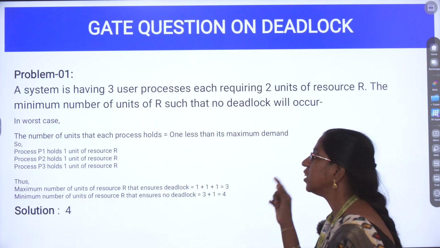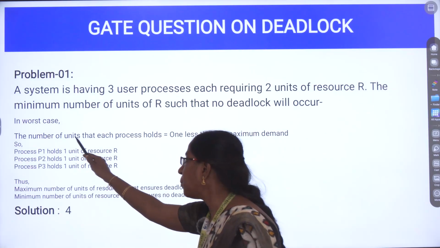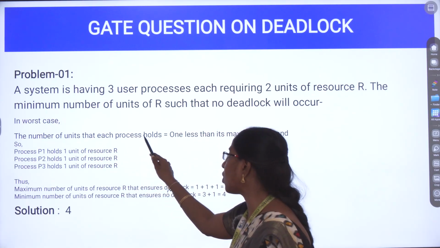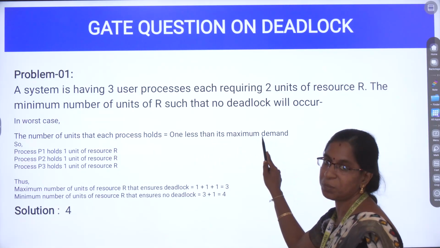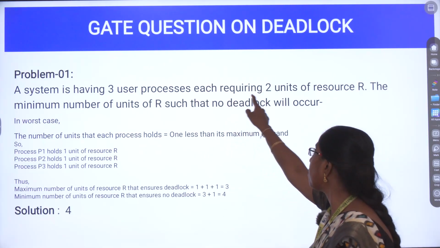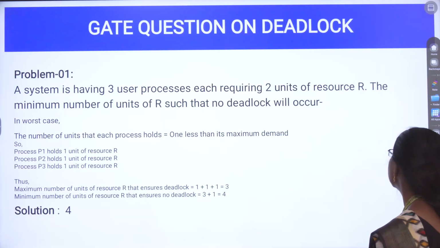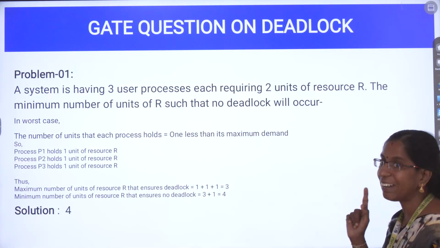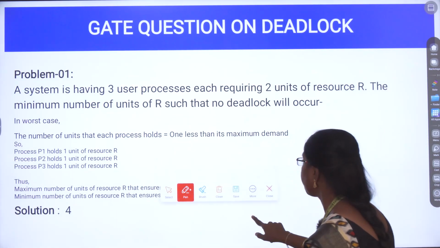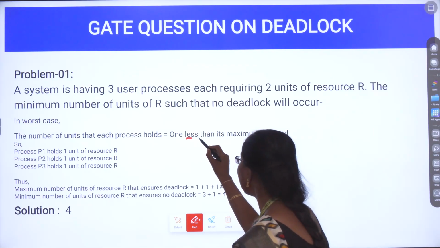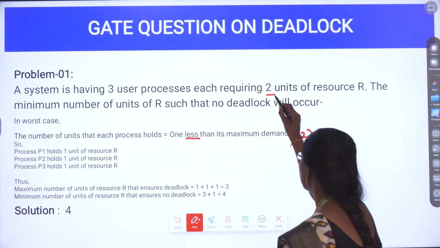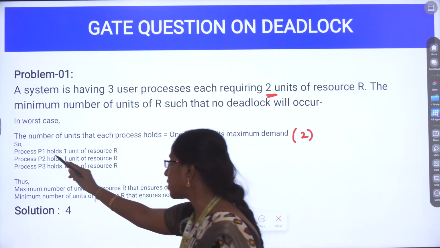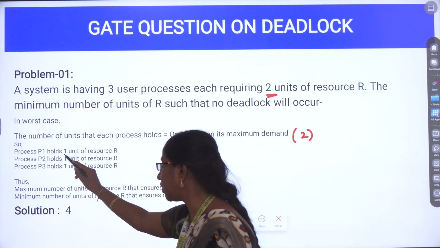In the worst case, the number of units that each process holds is equal to 1 less than its maximum demand. Here the maximum demand is 2 units, so we take 1 less than it. Our maximum demand is 2, so process P1 holds 1 unit.